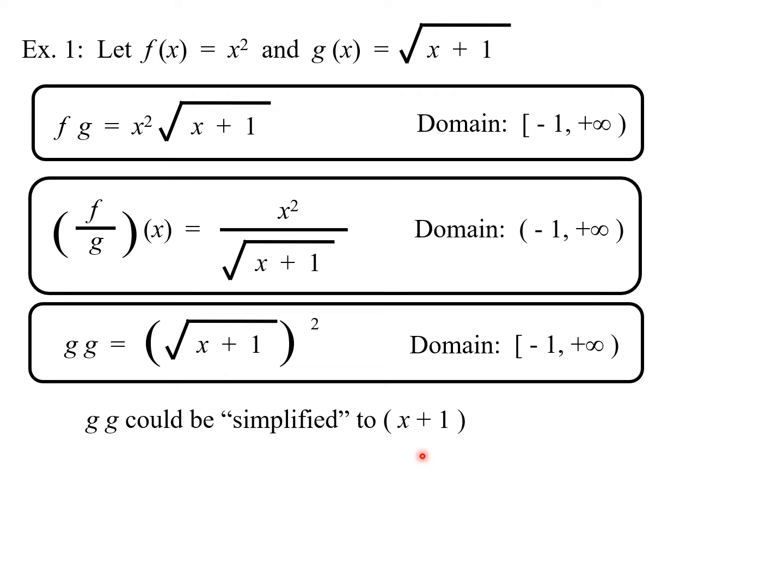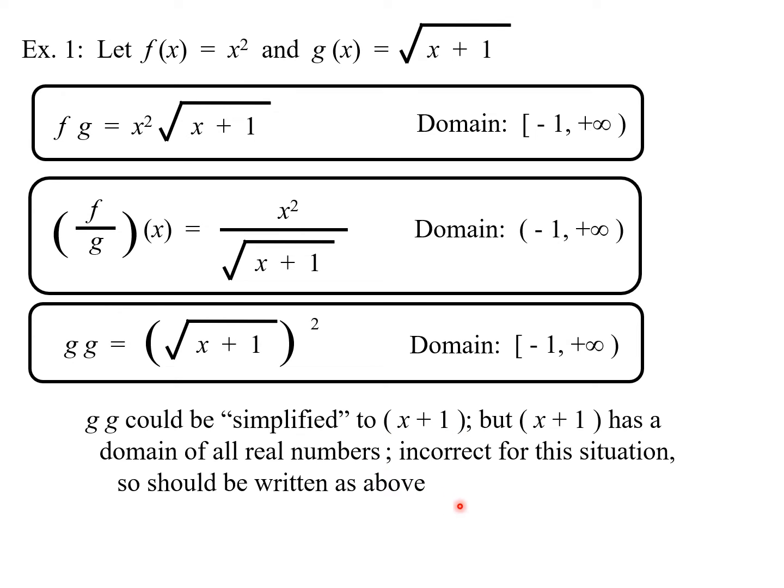Yeah, but we have to be careful with that because x plus 1 has a domain of all real numbers. But that's incorrect for this situation because, once again, the domain of g is restricted to negative 1 inclusive to positive infinity. So we should leave it written as this, because it's more descriptive. Writing it as x plus 1 would hide the restrictive domain nature. So we should leave it as this.